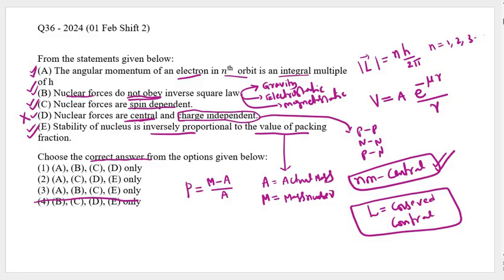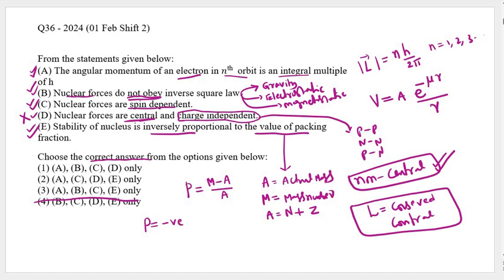A is the sum of the number of protons plus number of neutrons. M is the mass of that element, which you can put in a weighing machine and measure. That is the measured mass. So definitely P can be positive, P can be negative. Suppose P is negative. What is the meaning of negative?